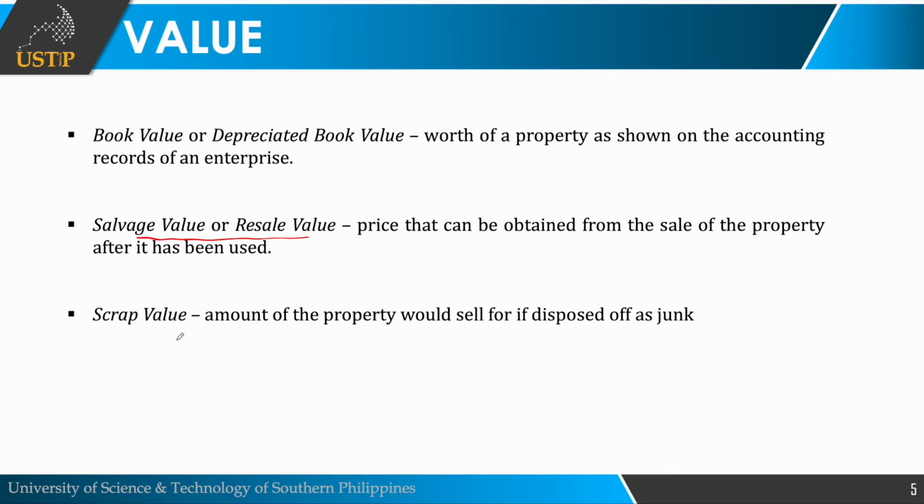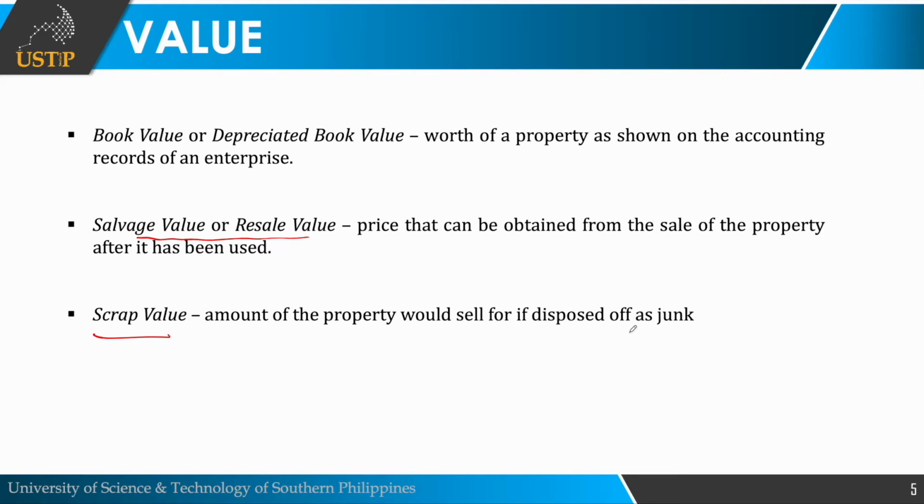The scrap value is different from the salvage value because this is what the property would sell for if disposed of as junk. For example, I sell my car, but it no longer functions as a car. Since it can no longer function as a vehicle, I dispose of it as junk. So maybe I sell certain parts to different shops, for example.